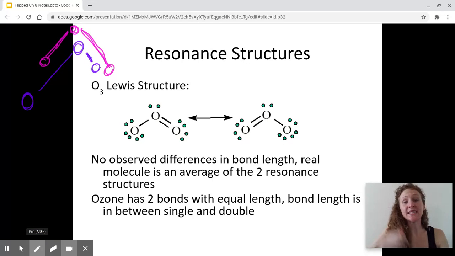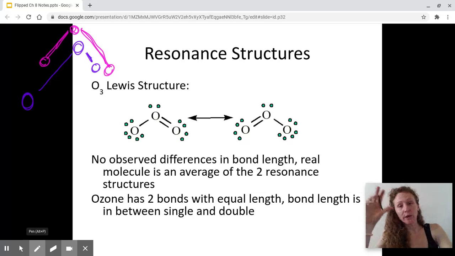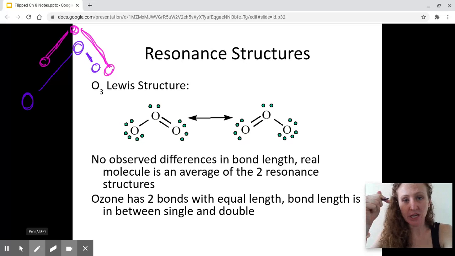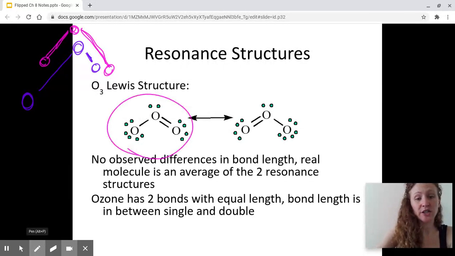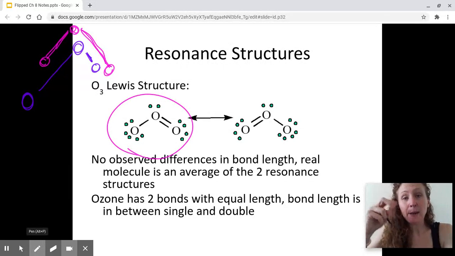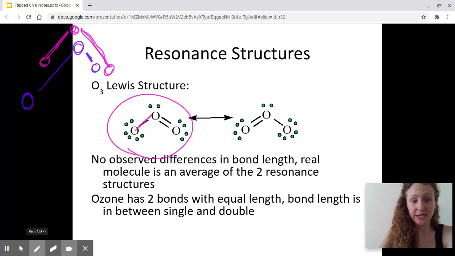Okay, so what we see is ozone, the actual molecule of ozone floating around in our atmosphere, protecting us from radiation, right? It does not match the Lewis structure that is predicted for it because A, it's symmetrical and the Lewis structure is not symmetrical. B, the bond lengths are not a single bond as predicted or a double bond as predicted.